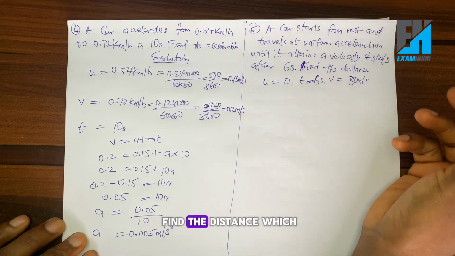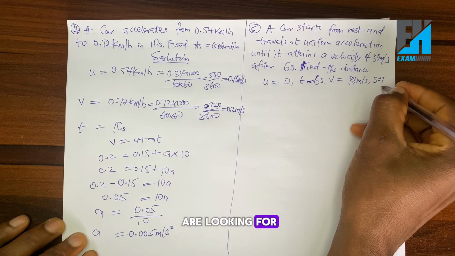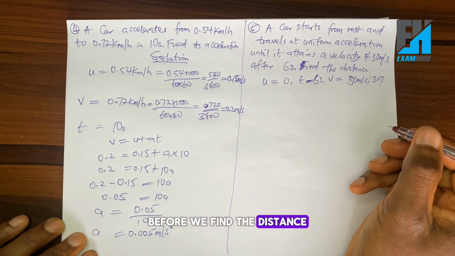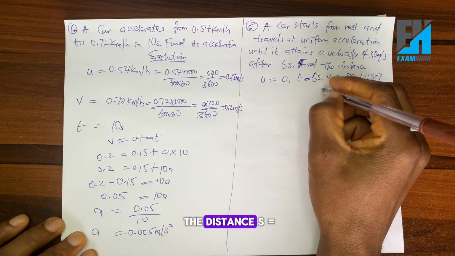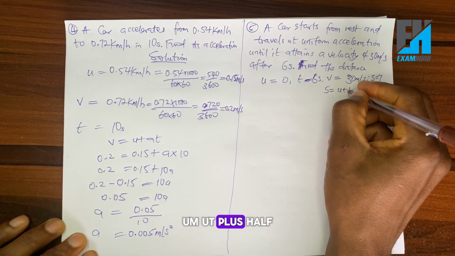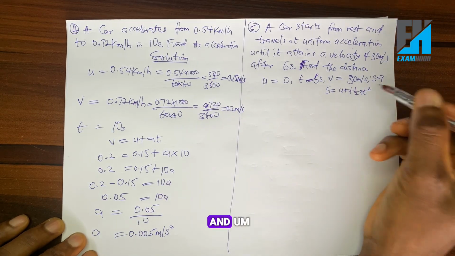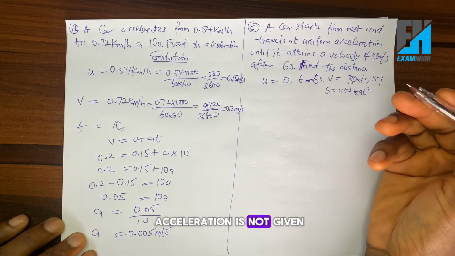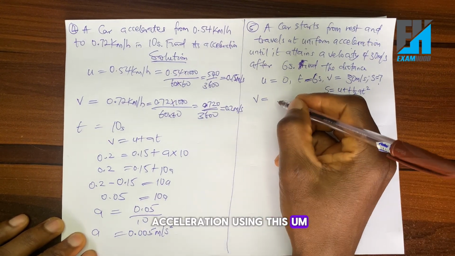So for us to find the distance, which is S, we have to find acceleration first, because we are using the equation S is equal to ut plus half at squared, and you can see that acceleration is not given.